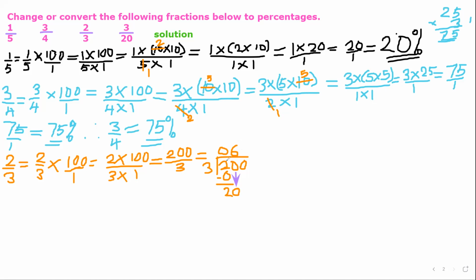So to confirm whether there will be a remainder after sharing this 20, use the 6 to multiply the 3 and you subtract it from the 20. So 6 times 3 will give you 18. Then you subtract, take 1, so here becomes 10. So here is 2 and here is 0. Now the remainder after sharing the 20 is 2.